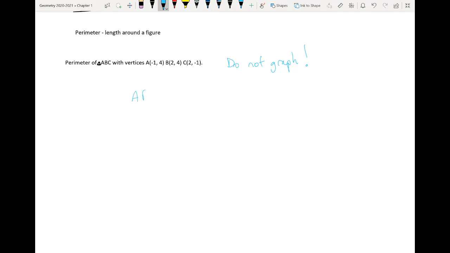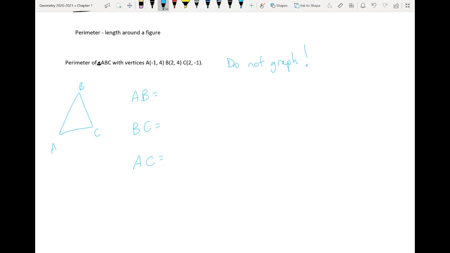I need to find the length of AB, that segment. I need to find the length of BC. And I need to find the length of AC. The only thing I would maybe graph is showing that I have triangle ABC. But there are 3 sides to that triangle, and I need to calculate what each of those is. And I do not graph it.